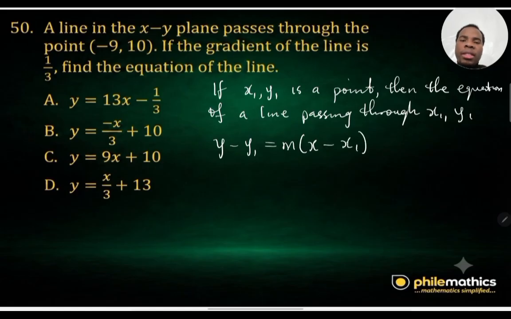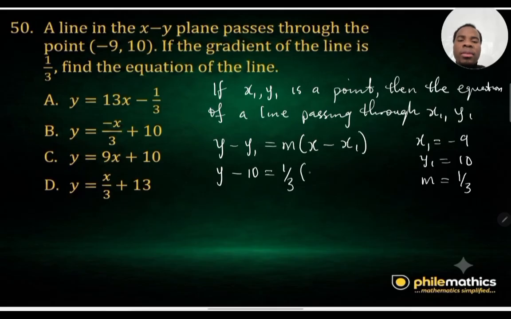In this case, we have x1 as minus 9 and y1 as 10. If we substitute this, we'll have y minus 10 equals, because m is given as 1/3, which is our gradient, 1/3 times x minus 9, which is x plus 9. At this point, we can open the bracket.